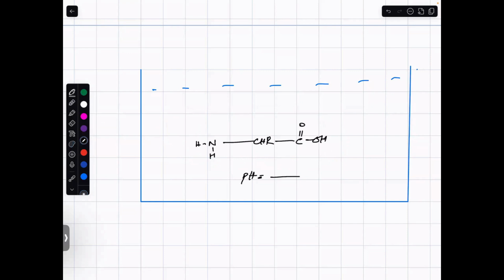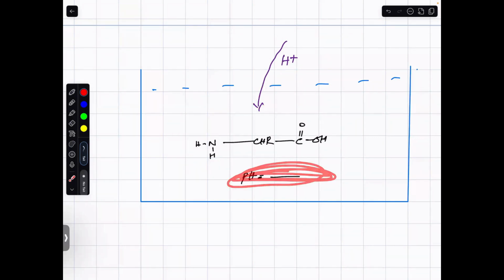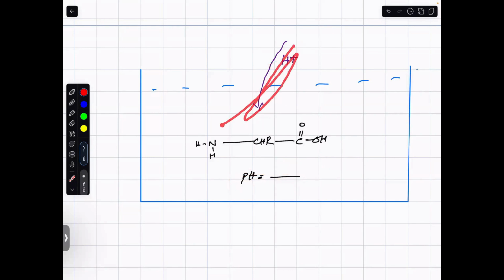It's a buffer solution. So H plus is added. Now tell me, if H plus is coming, would this pH remain the same or should it change? Definitely this pH should change because now the H plus is more. But if this H plus comes and makes a dative bond, do you think this H plus is any longer part of the solution? No, the pH is not going to change.